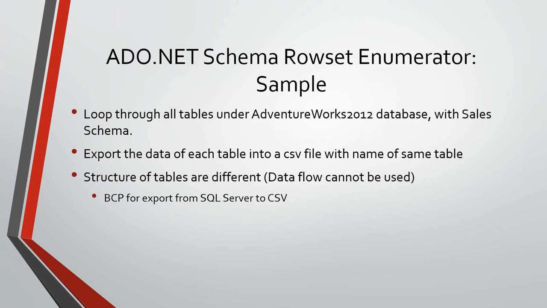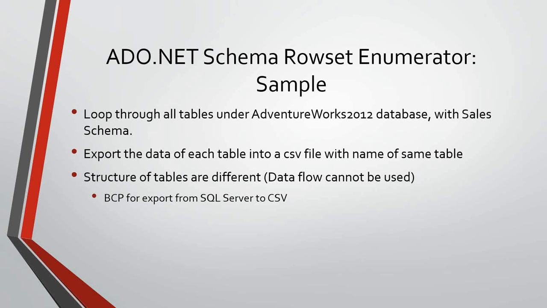So what we can do is have a for each loop with ADO.NET Schema Rowset Enumerator filtered for the sales schema under the AdventureWorks 2012 database, and then an expression task to generate the BCP command to generate the CSV files, and then an execute SQL task to run that BCP command. Again, you can download the sample at the links at the end of the slides.